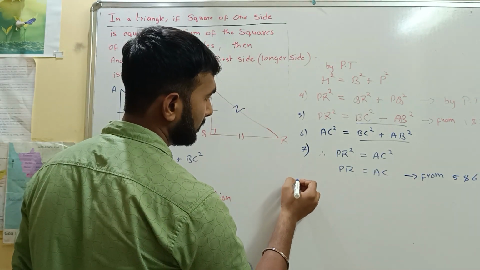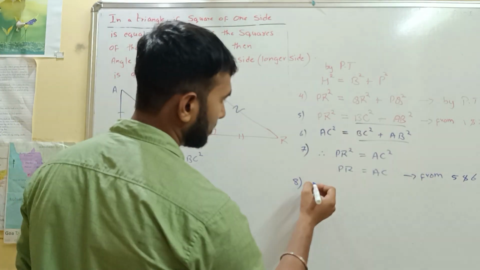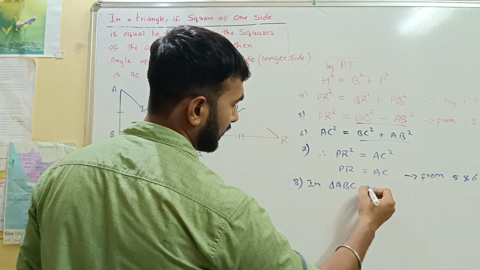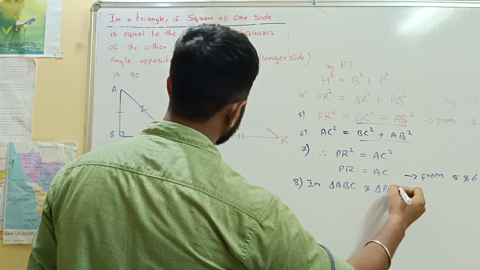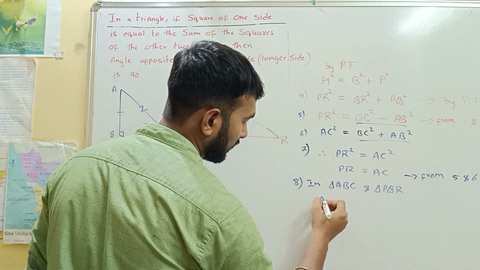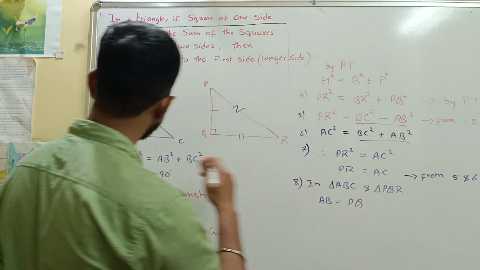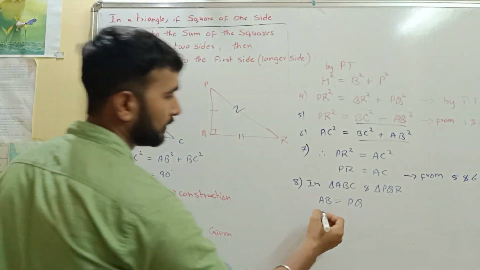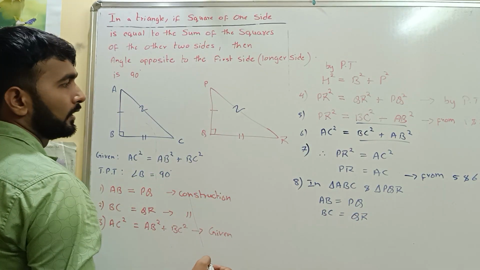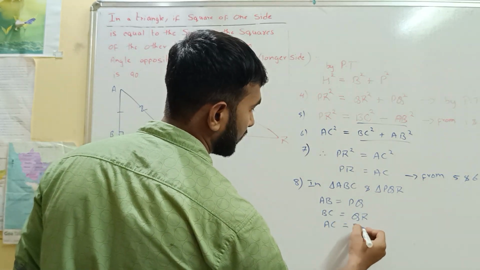Now step number 8 will be: now we prove that these two triangles are congruent, right? So I'll take, in triangle ABC and triangle PQR, my AB is equal to PQ, and BC is equal to QR, and this we proved, that is AC equals PR.